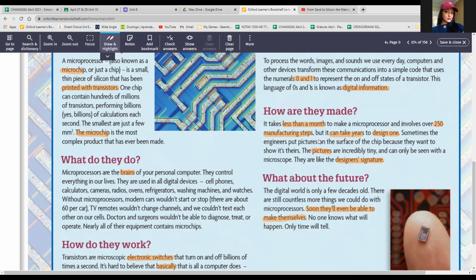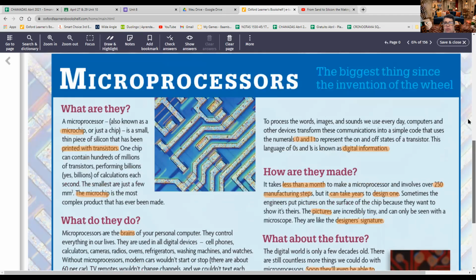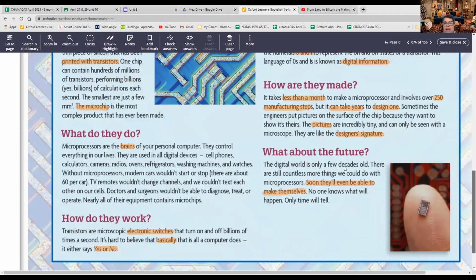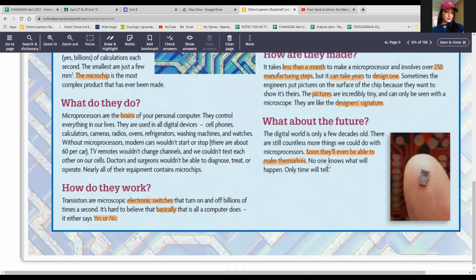That's why, when they asked about the future, there is a question: in what ways is the future exciting? Here we can see that probably the microprocessors we have today will be able to make themselves, and nobody knows what will happen, right? So that's exciting.